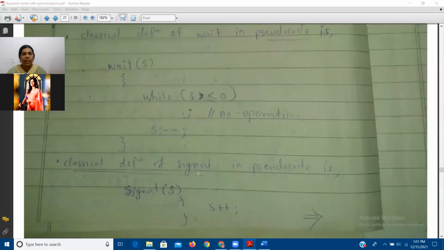Then the definition of signal operation. Scroll down.